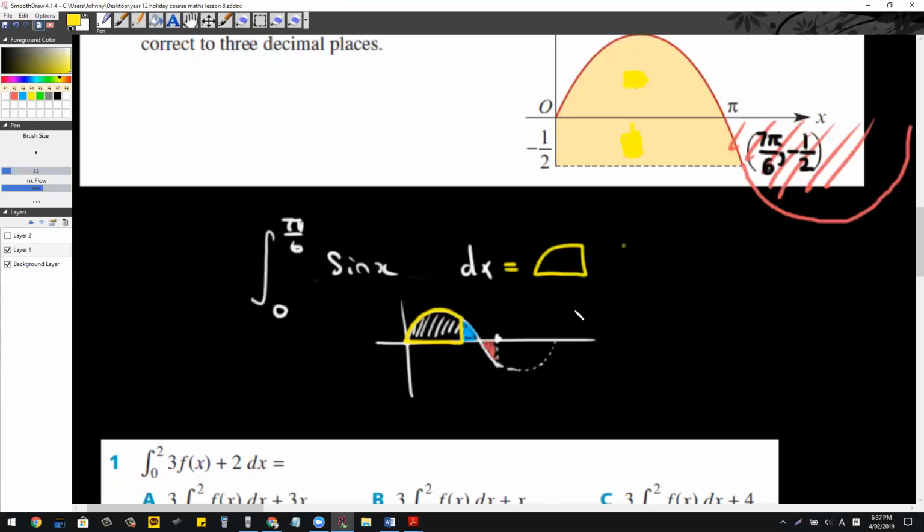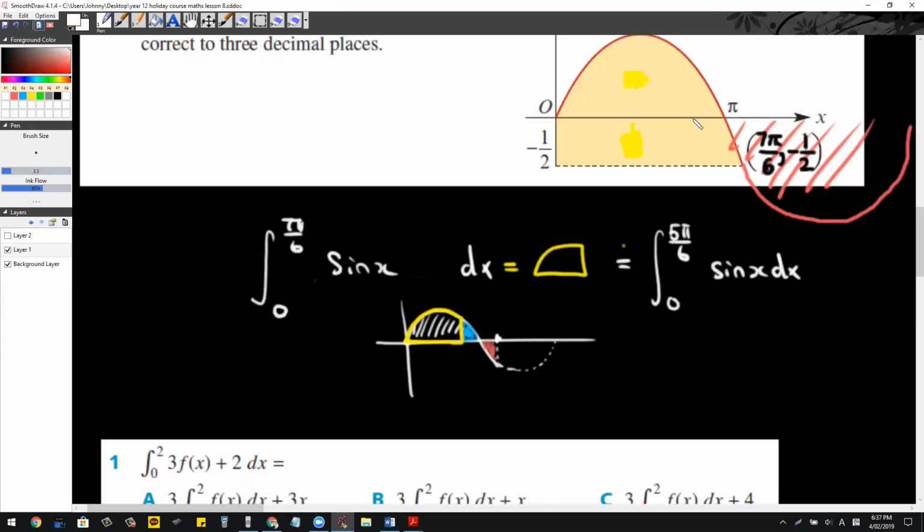Okay. So if you integrate, have a look at this. If I integrate sine of x from here to here, this will actually be the same as integrating from 0 to, I think that's going to be 5 pi over 6, sine x dx.